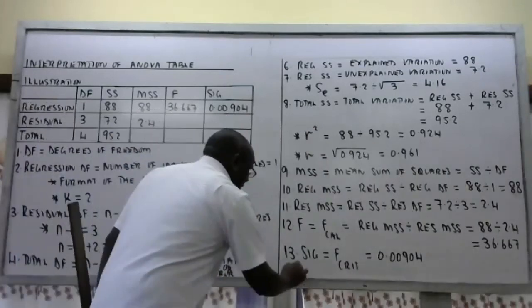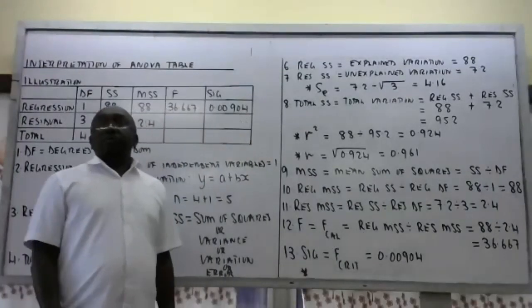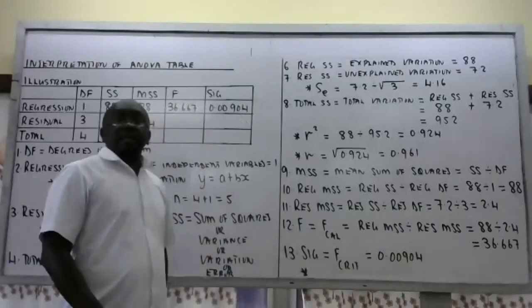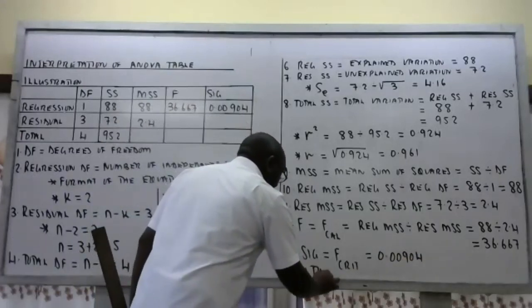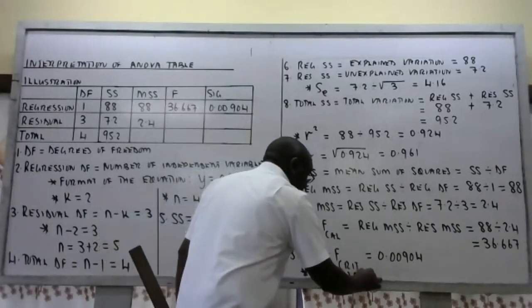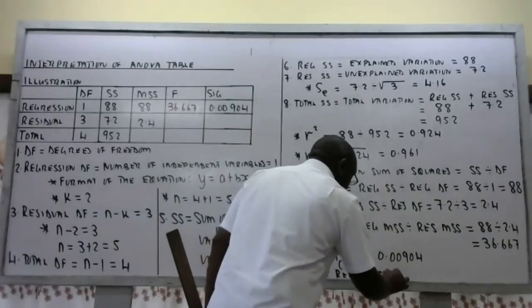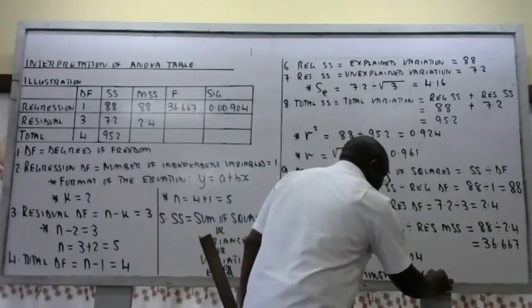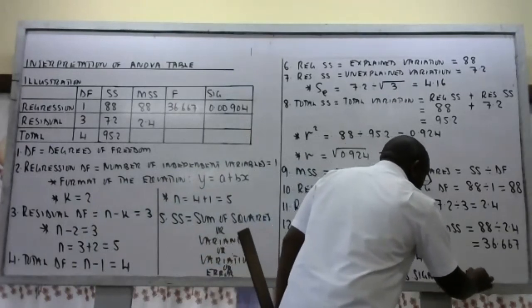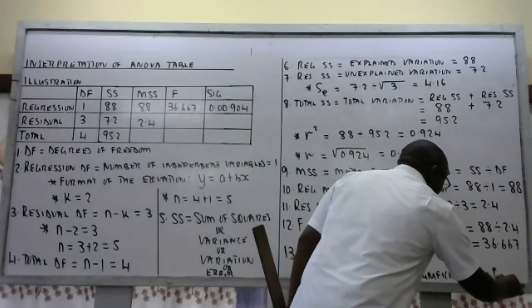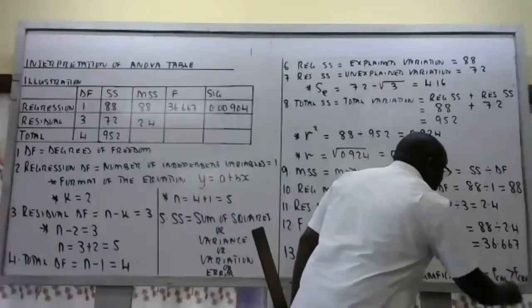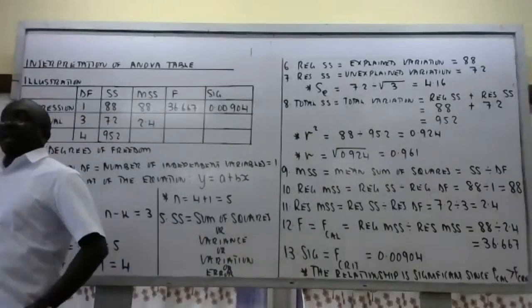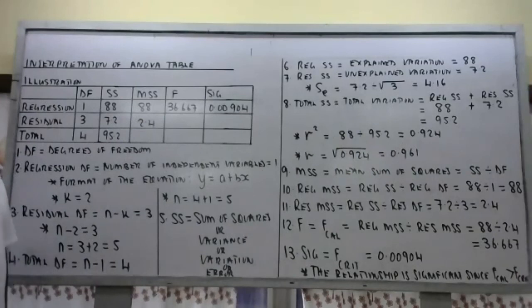When you compare now this critical and the calculated, you say the relationship is significant since F calculated is greater than F critical.